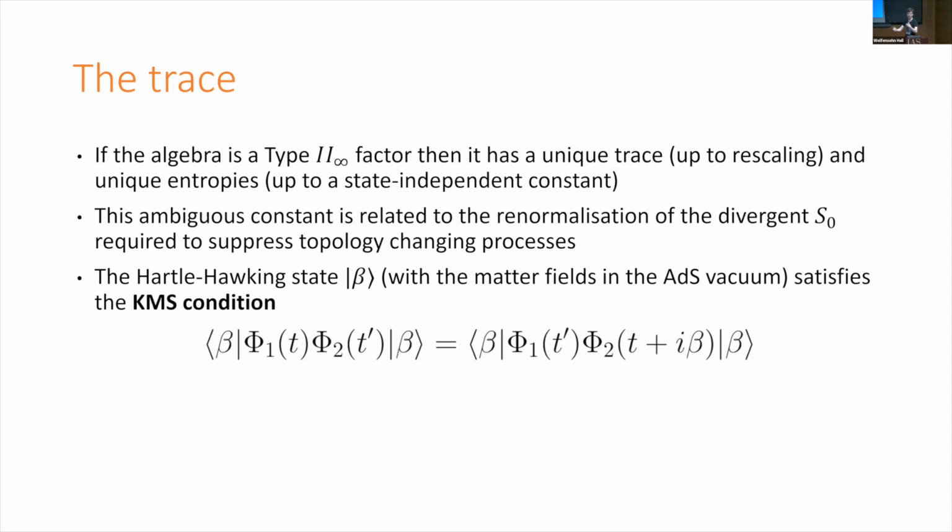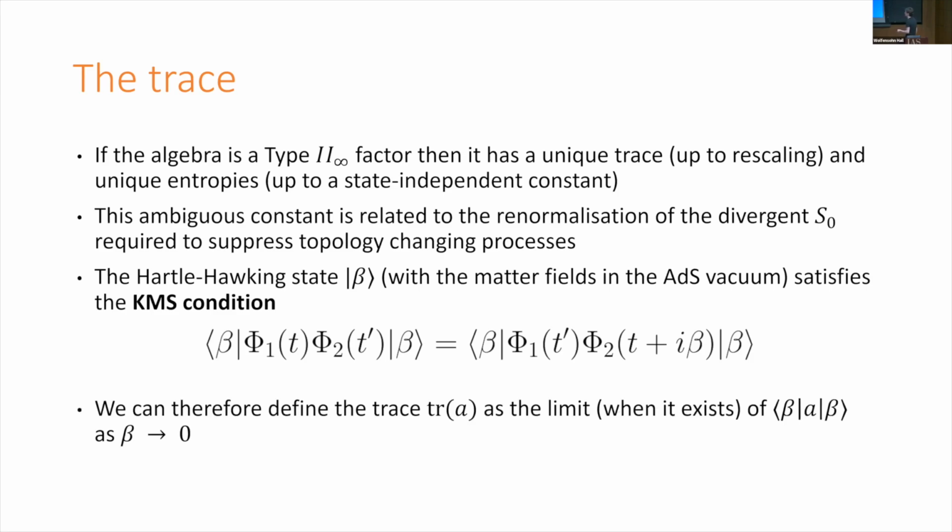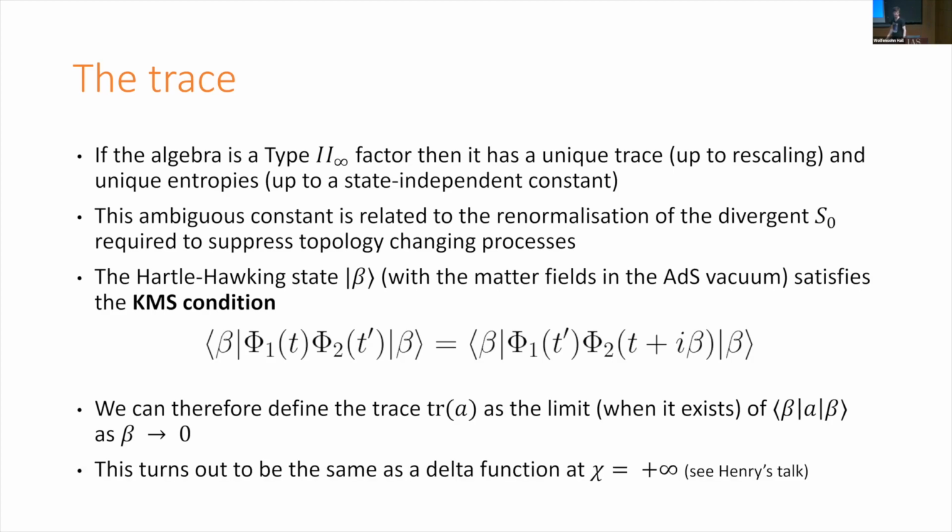This is the so-called KMS condition. That is not a trace, but what we can do is define the trace as the limit, when it exists, of the expectation value in the state beta as beta goes to 0. As beta goes to 0, we get the property we want, that the two operators commute. So that is a trace, and because we've argued it's a factor, it's the only trace. So it really is being forced on us by the theory.